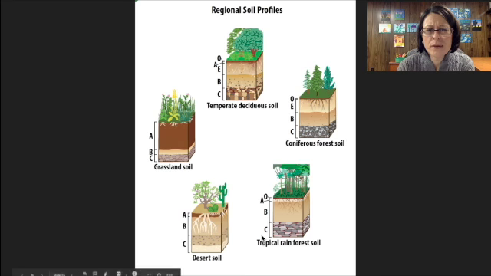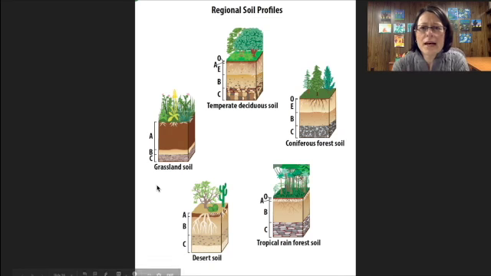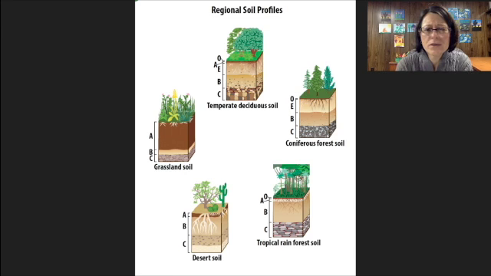In the tropical rainforest, we don't have that E alluviated layer. In a desert soil, we only have A, B, and C, and in the grassland, we tend to only have A, B, and C. So, not all areas have all of these horizons, so it depends on where you live. We would have probably the typical more temperate deciduous soil profile in our area.